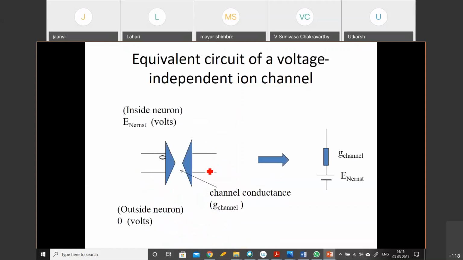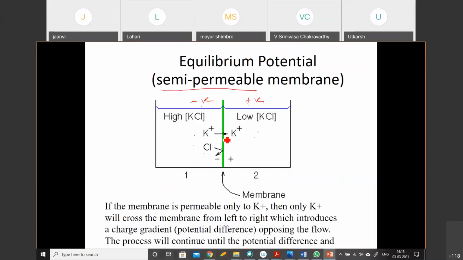So now you can see how, if you have a membrane like this, the semi-permeability of the membrane is supplied by the semi-permeable ion channels, which are located inside the neural membrane.